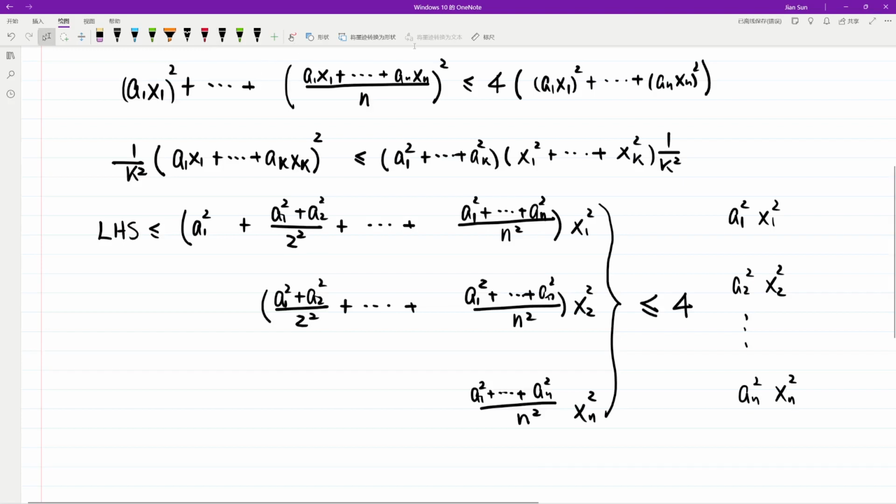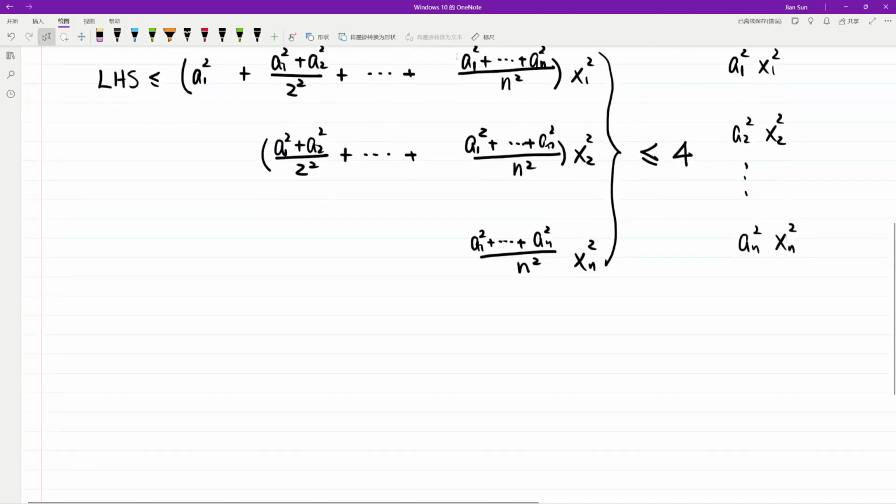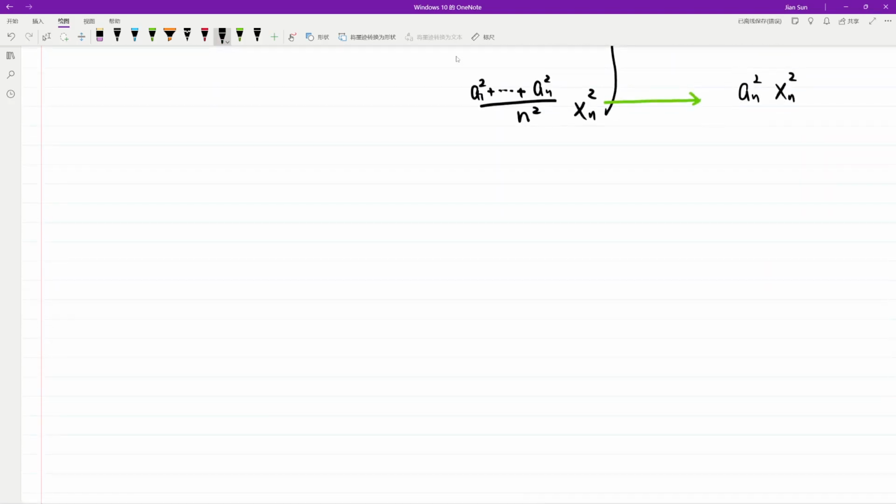In order to prove this, we just need to prove it coefficient by coefficient. We want to prove the corresponding inequality for the x1 squared coefficient, the same for x2 squared, and then for xn squared. So consequently, we just need to prove the following.